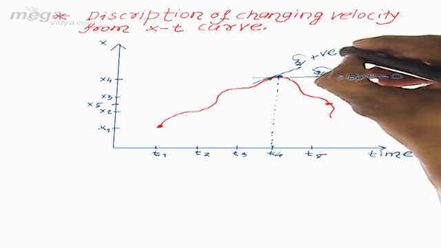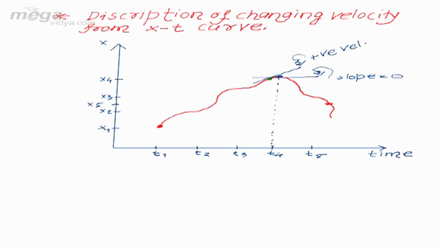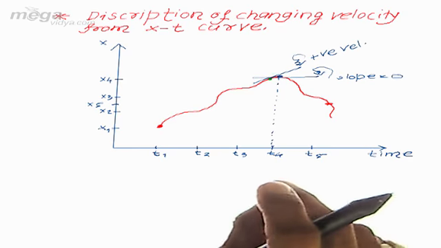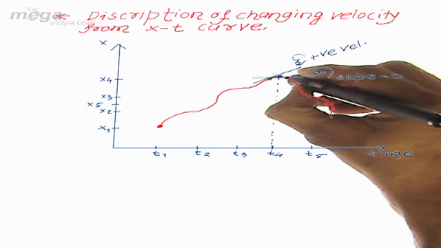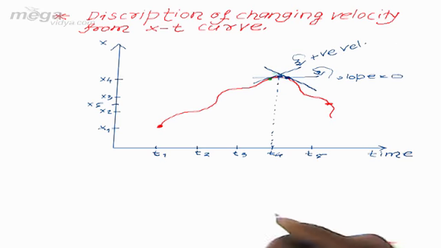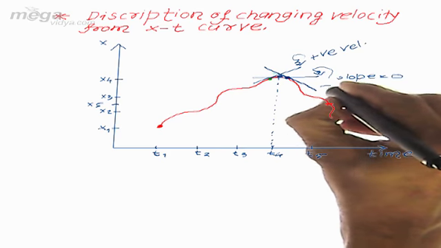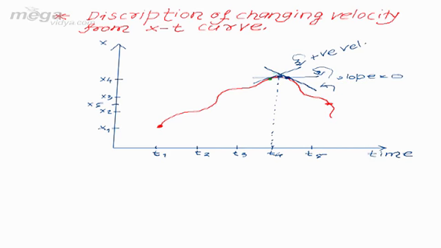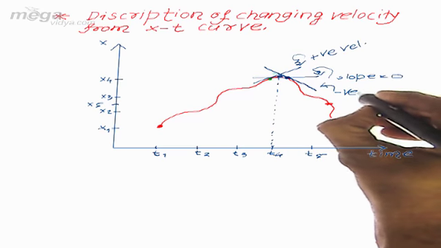So this point indicates positive velocity because the slope of the tangent is positive here. For a time a little longer than t4, the tangent drawn at this point has a negative slope because it forms a negative angle with the positive time axis. So here the particle has negative velocity.